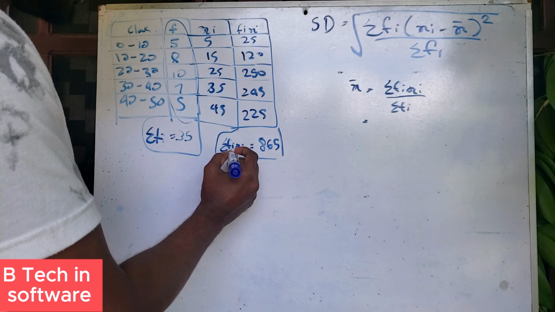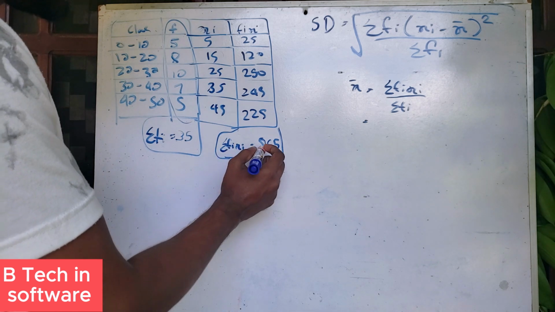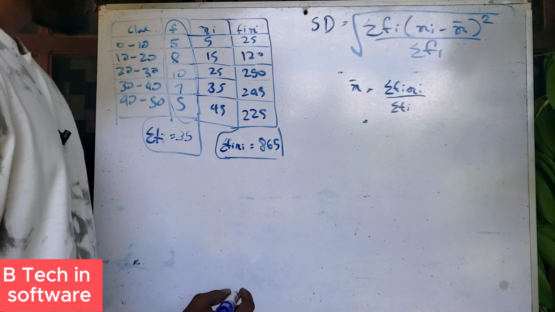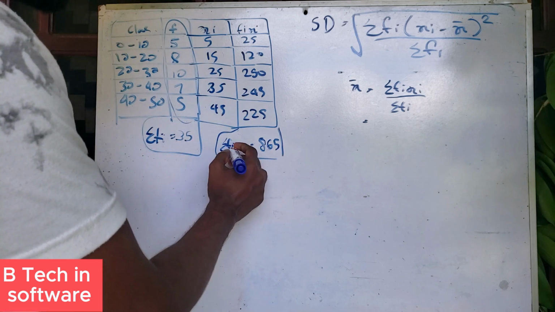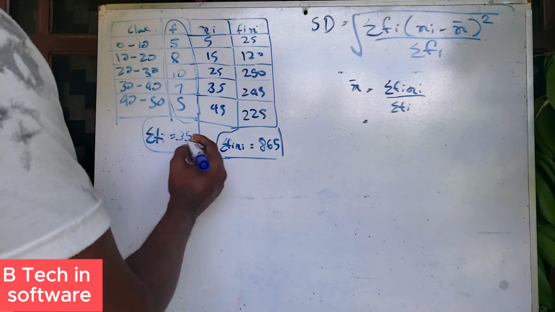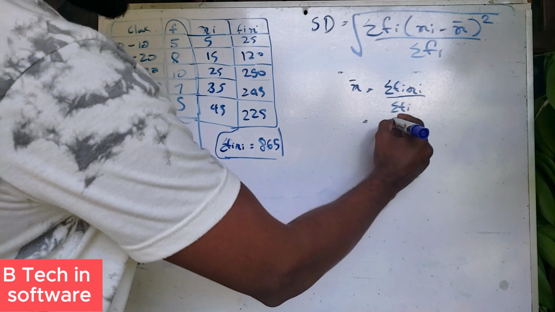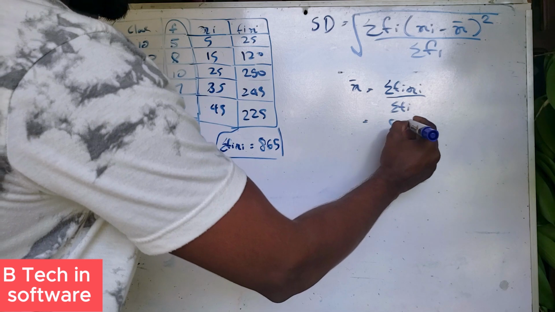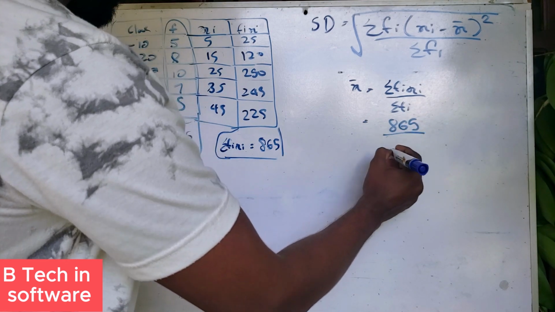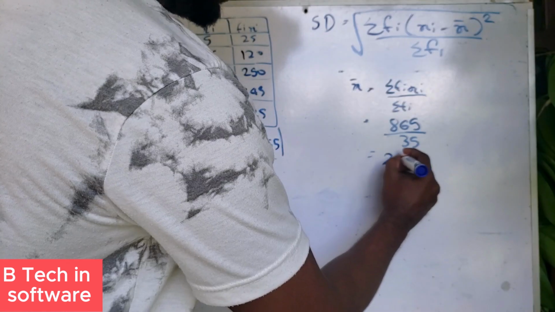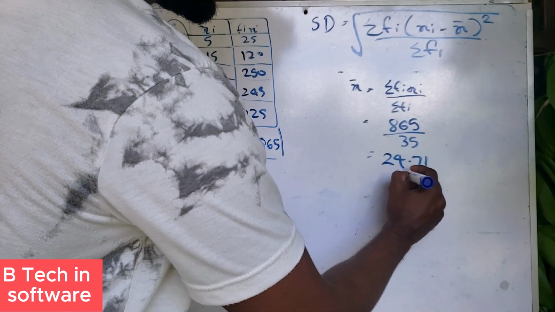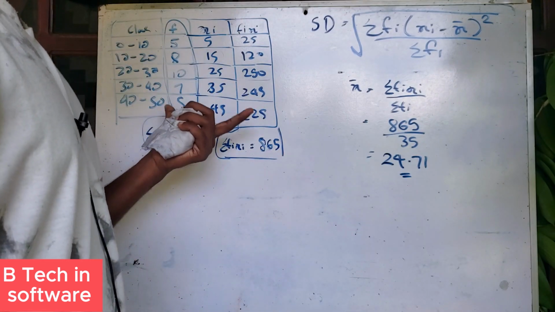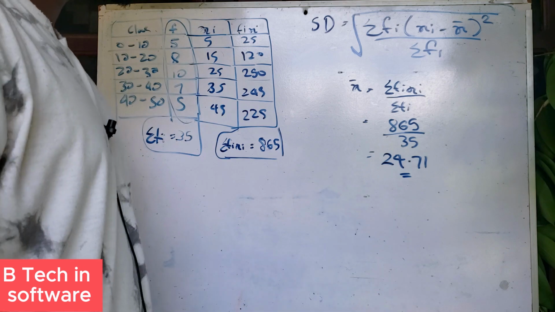Now you can see the sigma fi xi is 865. Now we know sigma fi xi and sigma fi, so we can populate these values into this equation. 865 divided by 35 is 24.71. The mean value for this grouped data is 24.71.